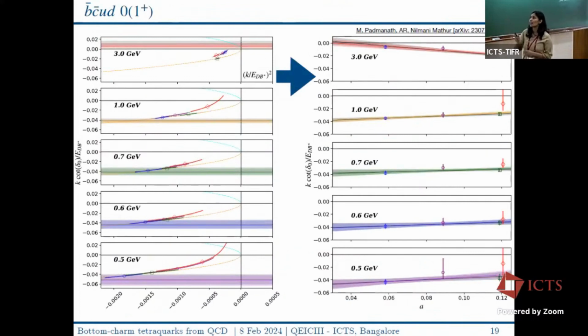So this is for all the different pion masses and all the different volumes that we study. What we first do is calculate the k cotangent delta, and then for each of the pion masses that we use, we extrapolate to the continuum, which is lattice spacing 0.